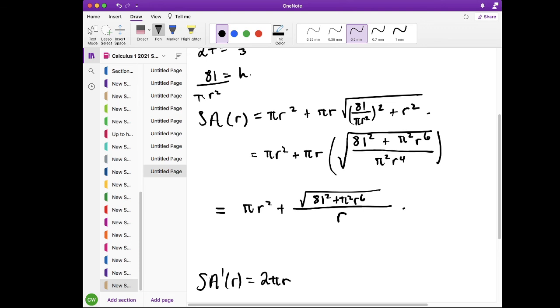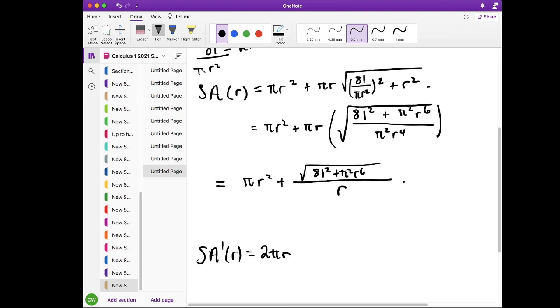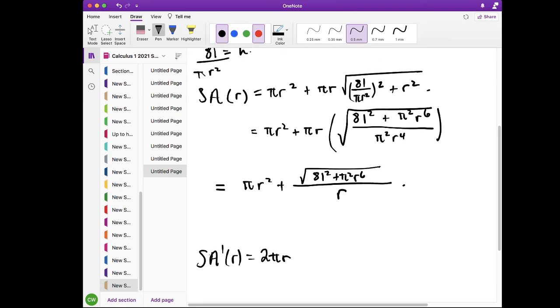Everyone see that? So what I did here was I combined fractions. And in this step, we're left with pi r divided by the square root of pi squared r squared, and then pi r, r to the fourth, r squared.